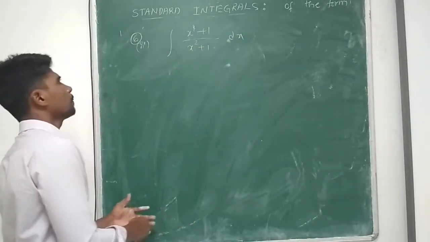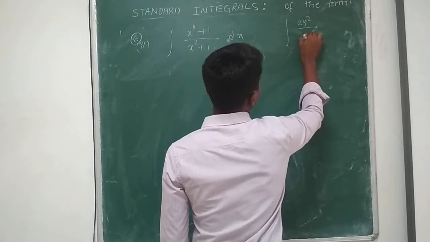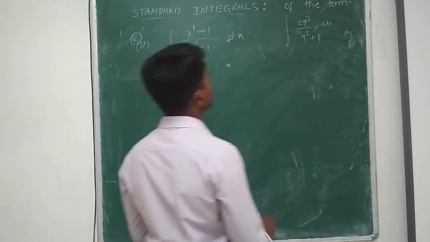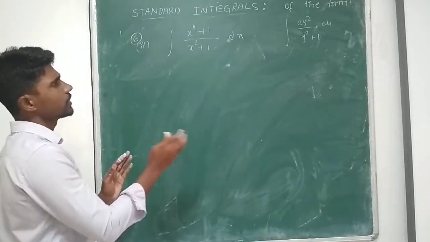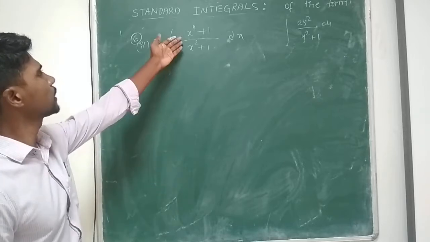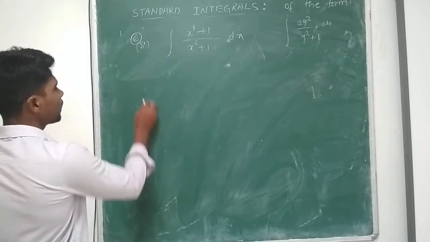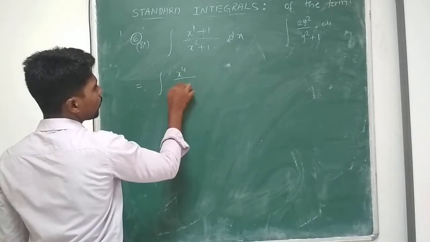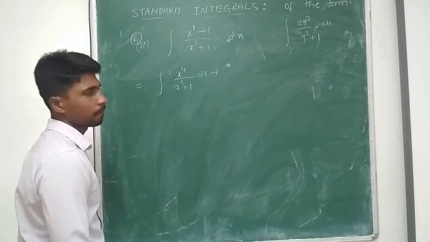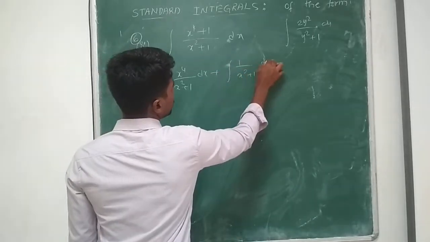If we get this type of problem, it is nothing but integral 2 into y square by y square plus 1 dy, so both are similar to each other. So we have to split this particular thing, which is nothing but x to the power of 4 by x square plus 1 plus 1 by x square plus 1. So this can be written as integral x to the power of 4 by x square plus 1 dx plus integral 1 by x square plus 1 dx.